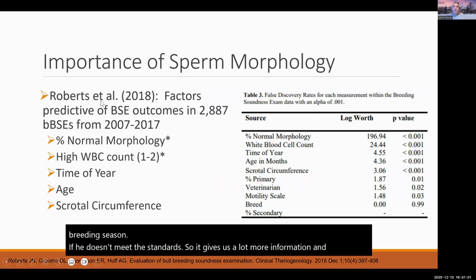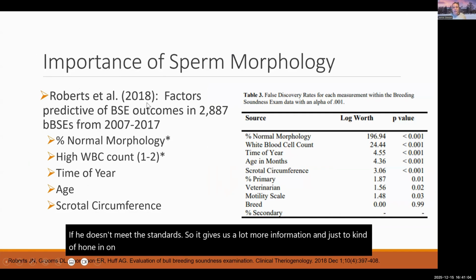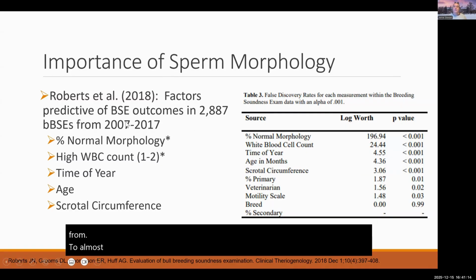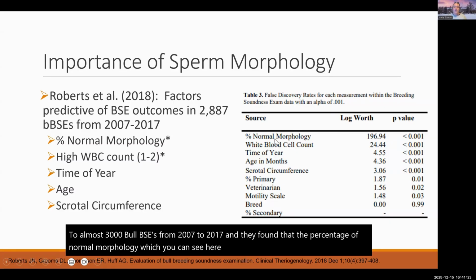And just to hone in on that fact, nobody's done this work in rams, but when they were looking at BSE outcomes in bulls, they looked at almost 3,000 bull BSEs from 2007 to 2017, and they found that the percentage of normal morphology, which you can see here, was significantly more important.